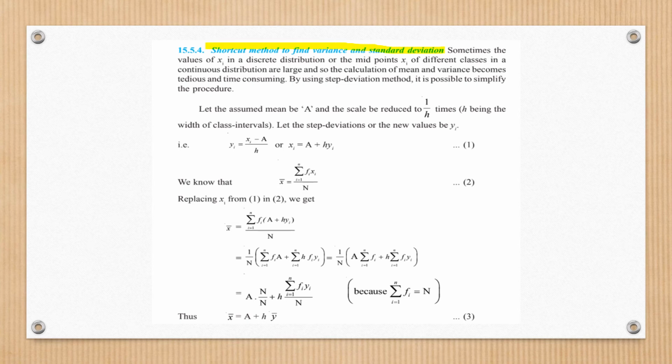And a shortcut method for variance and standard deviation is that here we use yi. Yi is (xi minus c) upon h, and the mean will be summation fi xi upon n. We can use this formula: x bar is equal to a plus h y bar. This is just for understanding purposes, you need not remember it.